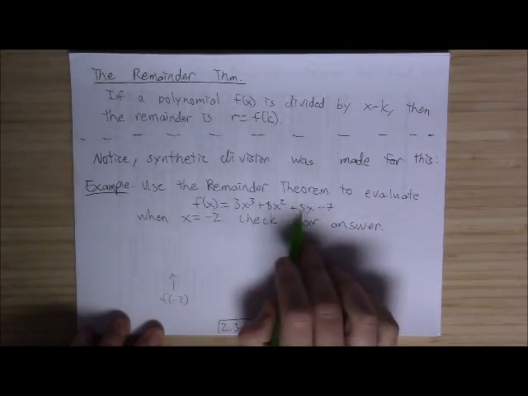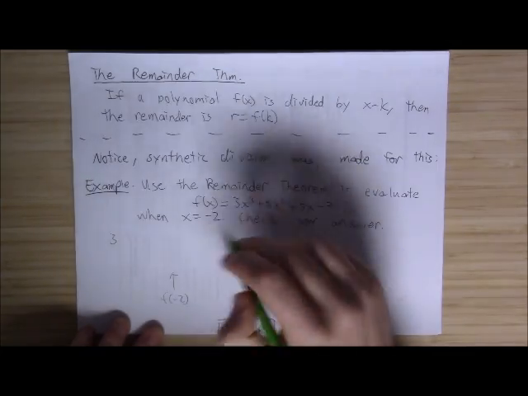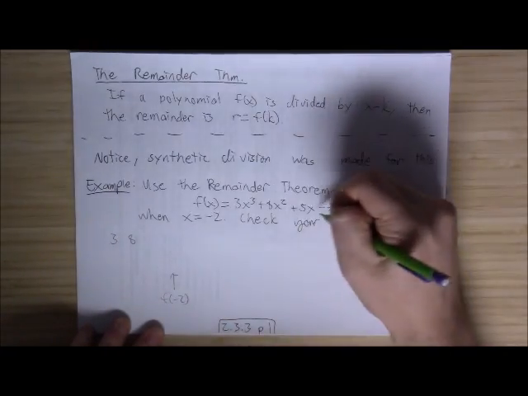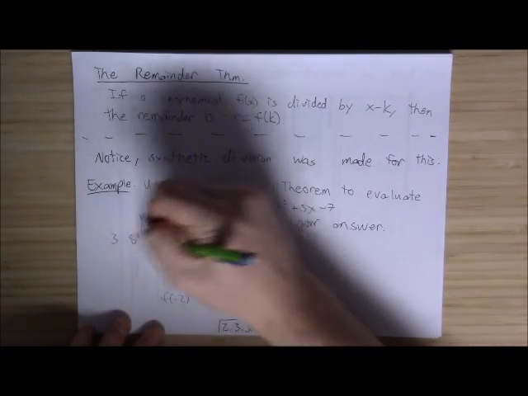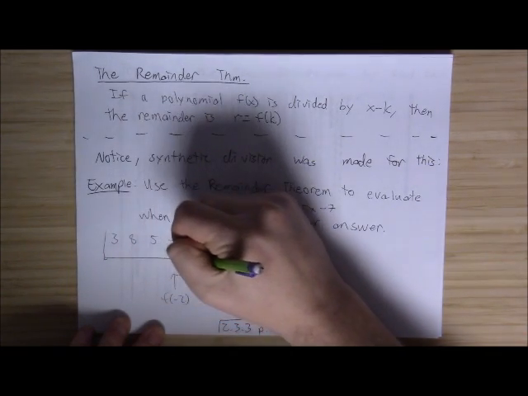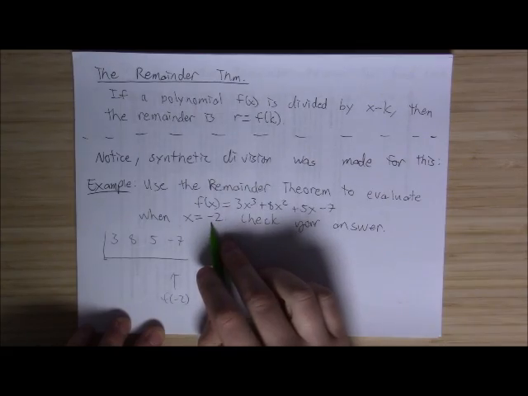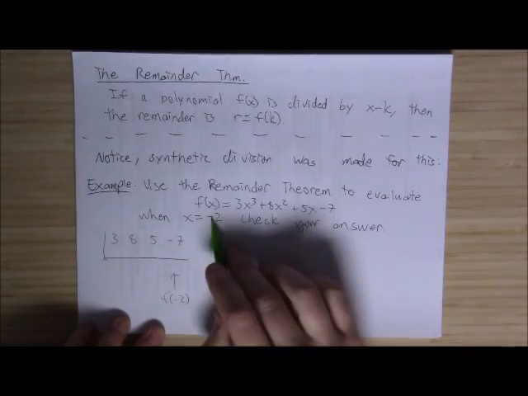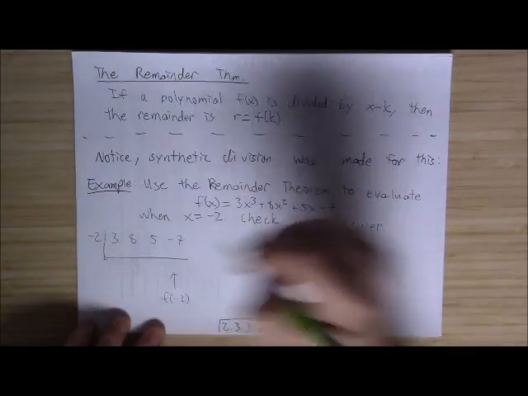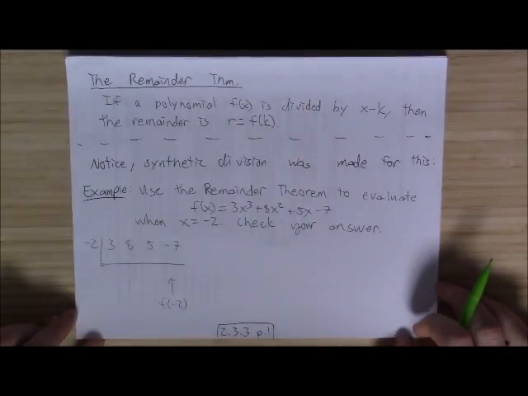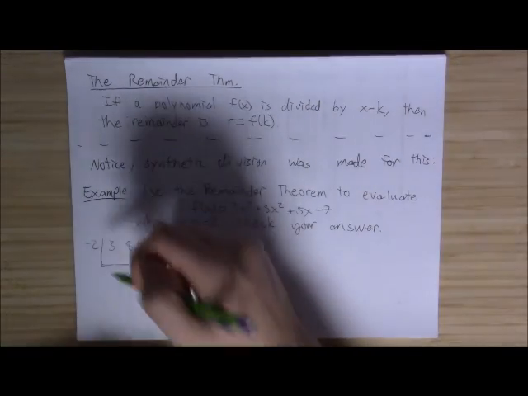Namely, it should be our remainder from doing the division of 3, 8, 5, -7 by x minus -2, but that -2 is going to be the 0 for that, in other words, okay? So, now we just do our synthetic division.